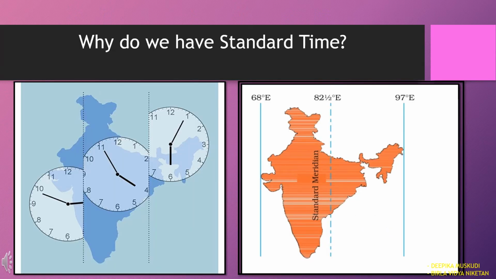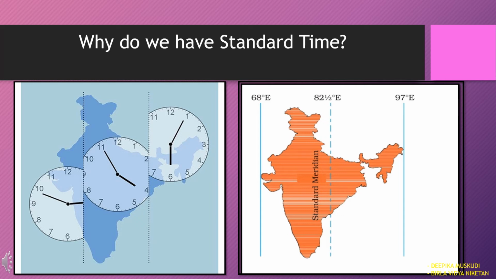Why do we need a standard meridian in India? The time of a place depends on the longitude that passes through it. Therefore, the standard time for each country is usually taken as the time of the central meridian that passes through it.